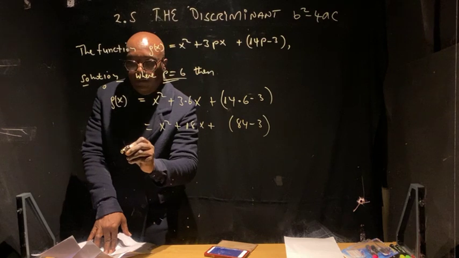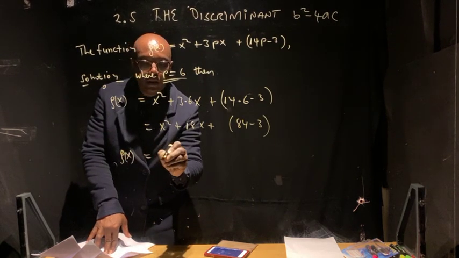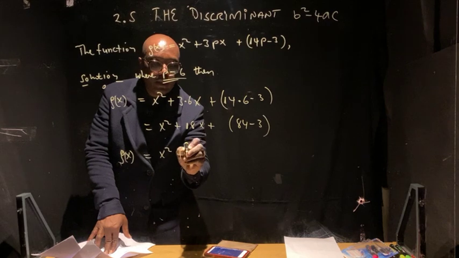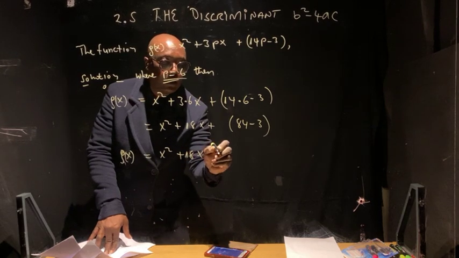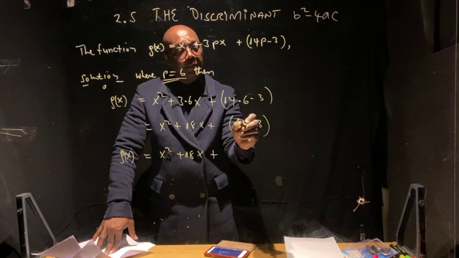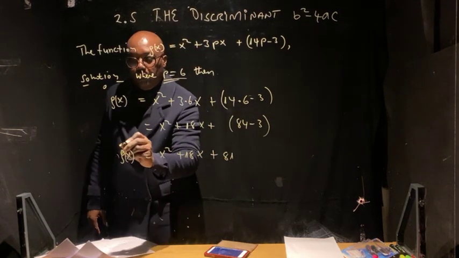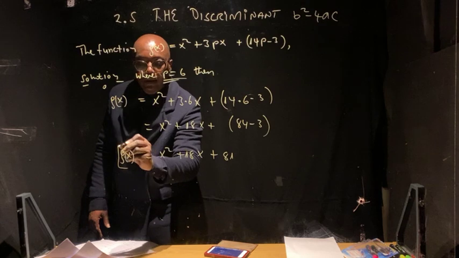G of x equal x squared plus 18x plus 81. This is a quadratic equation in x.